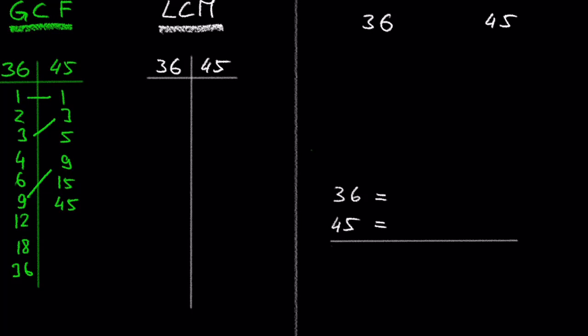But the biggest, or largest or greatest common factor, which we are looking for, is the 9. So the greatest common factor of 36 and 45 is 9.